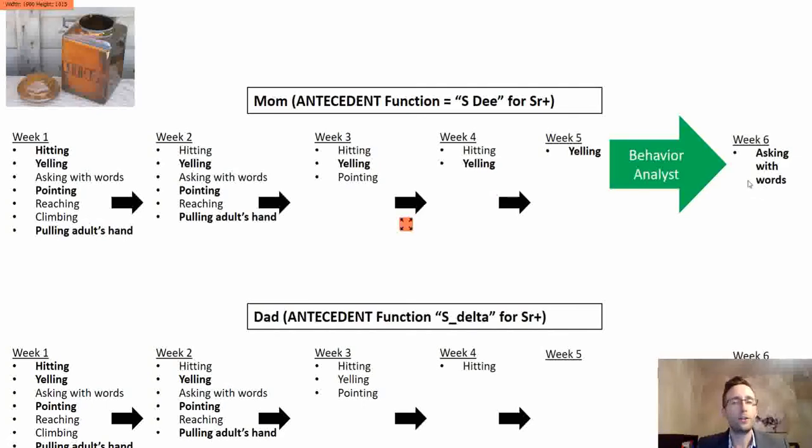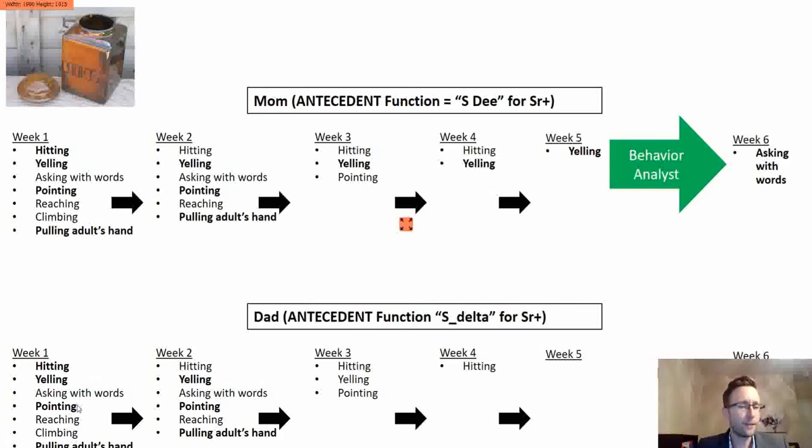Now, notice here that we're introducing dad. So that was mom. Now we're to dad. Dad's different. When hitting, yelling, pointing, asking with words, and so on occur, they do not produce access to cookies.